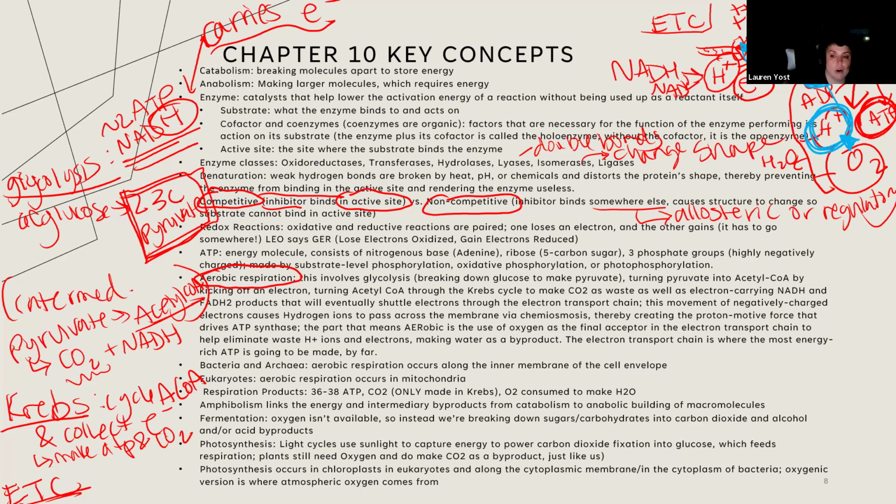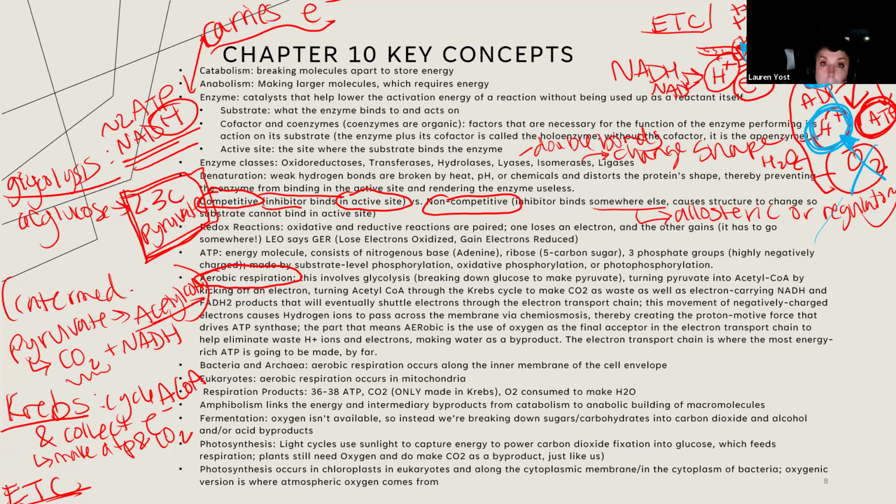Because as soon as you get rid of oxygen, you can't get rid of those electrons, you can't get rid of those protons, we can't maintain that gradient. And so we will just have the same amount of H pluses on each side. They no longer keep moving through the ATP synthase at the rate that we need it to in order to make enough ATP to power your body, which is why you suffocate and die.